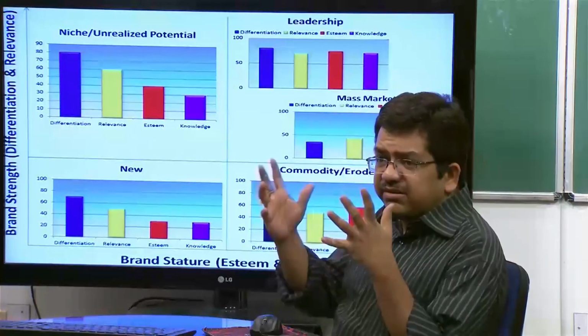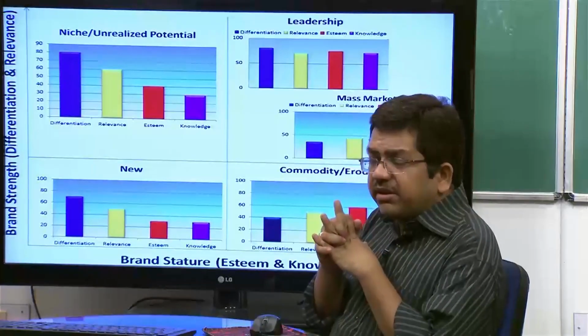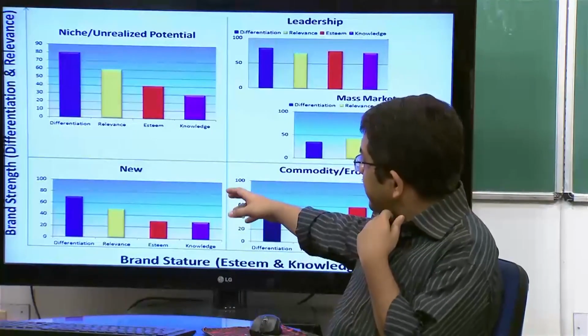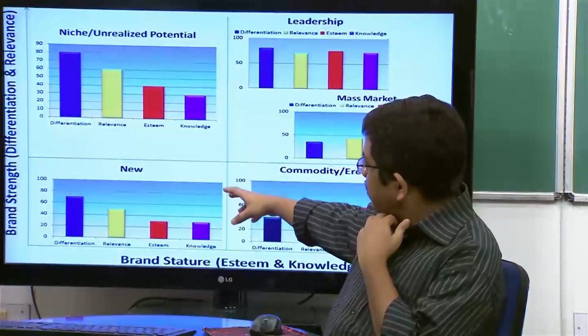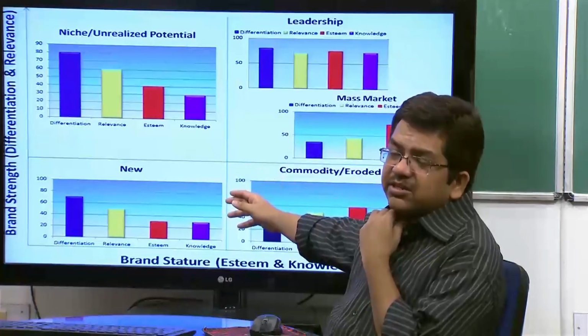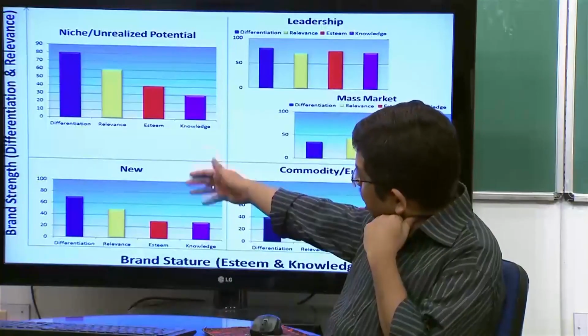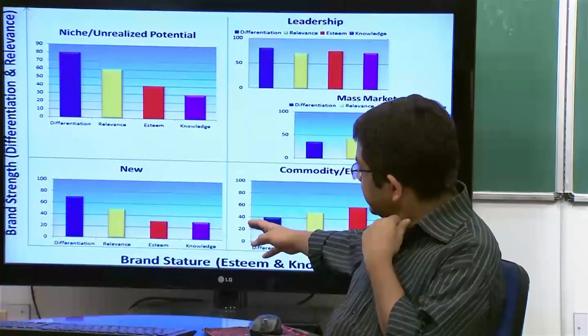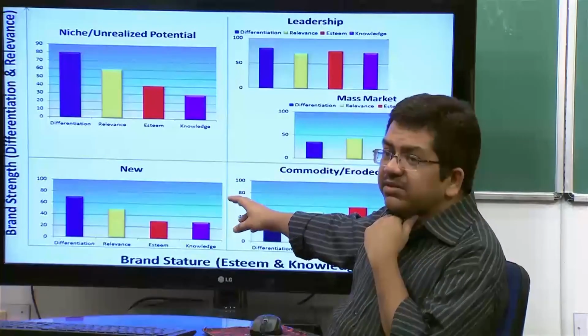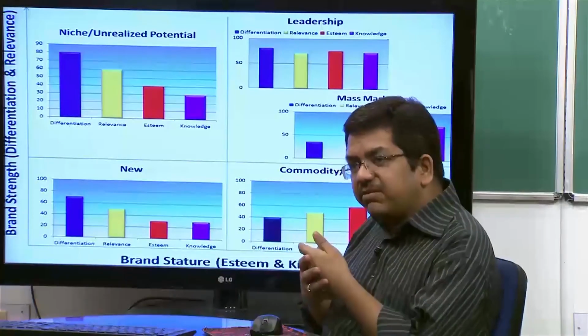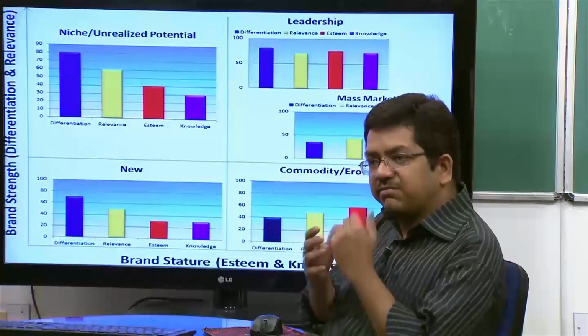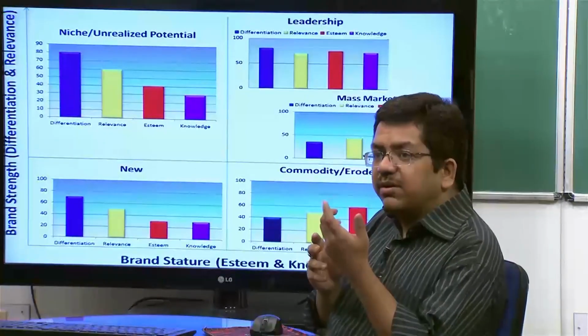Based on the generic things that happen in the market, we have tried to plot the characteristics of the different types of brands in the market. Looking into brand strength versus brand stature, a new brand, if it is launched, will generally be launched with the intention that it has something very new or better than others.